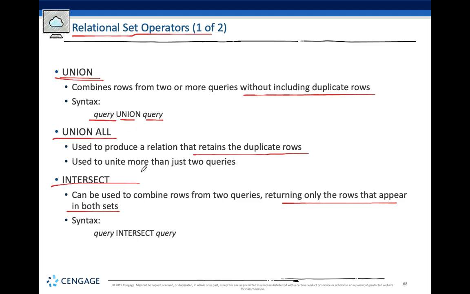Why do we need these? Sometimes we need to process the results from two different queries, and we need to come up with results that are only in both queries, rows that appear in both queries. In that case, you could use intersect. There might be other scenarios where you could use a union or union all.